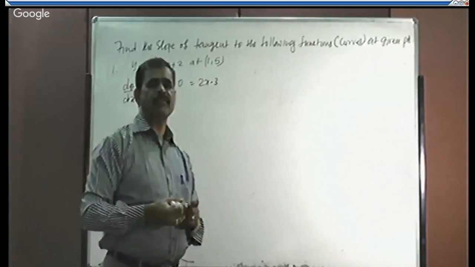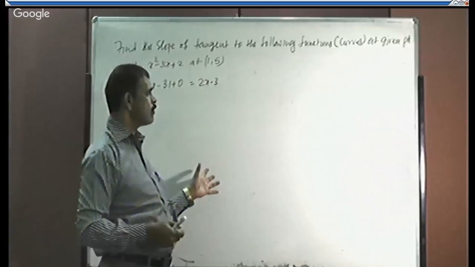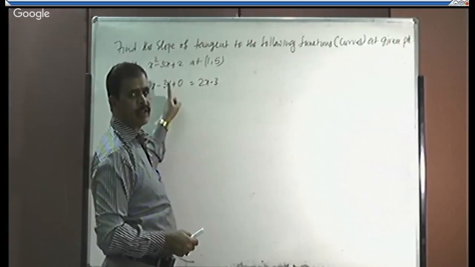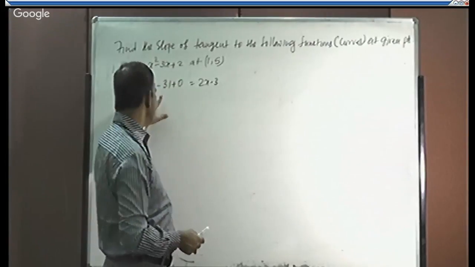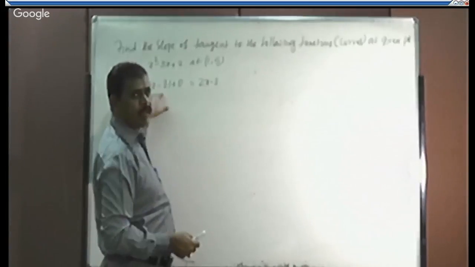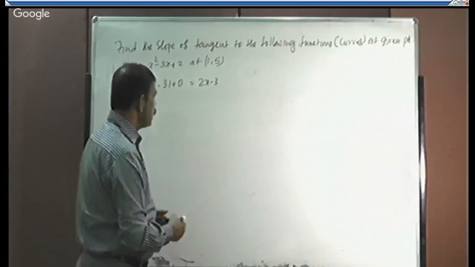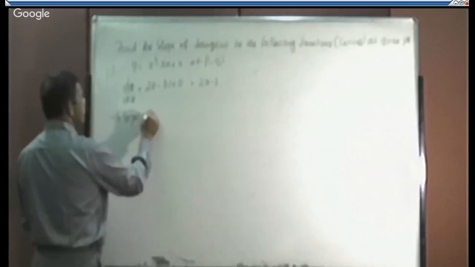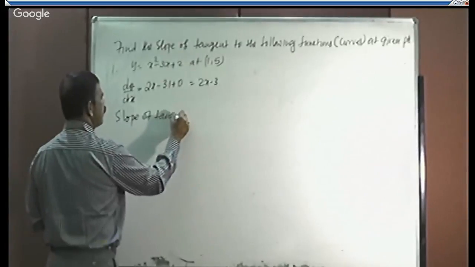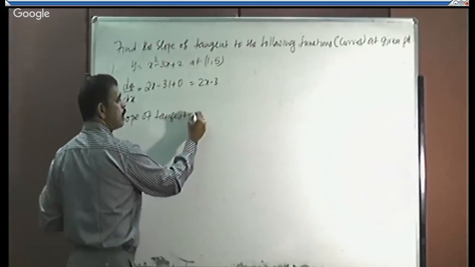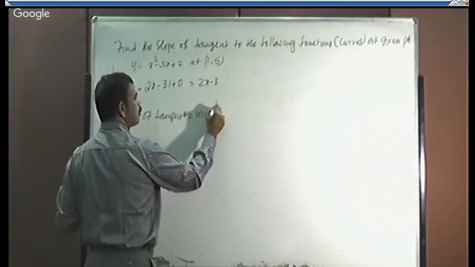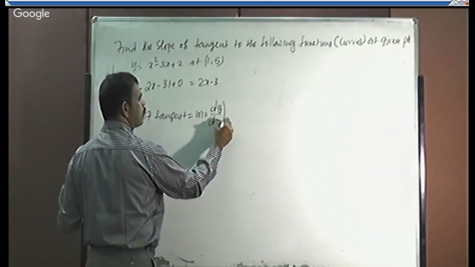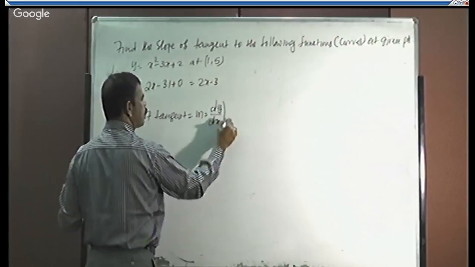Whether it is slope of tangent, slope of normal, equation of tangent or equation of normal, if the word is there, directly differentiate the given function to obtain dy by dx. Next, slope of tangent is m equal to dy by dx at the given point, which is 1, 5.